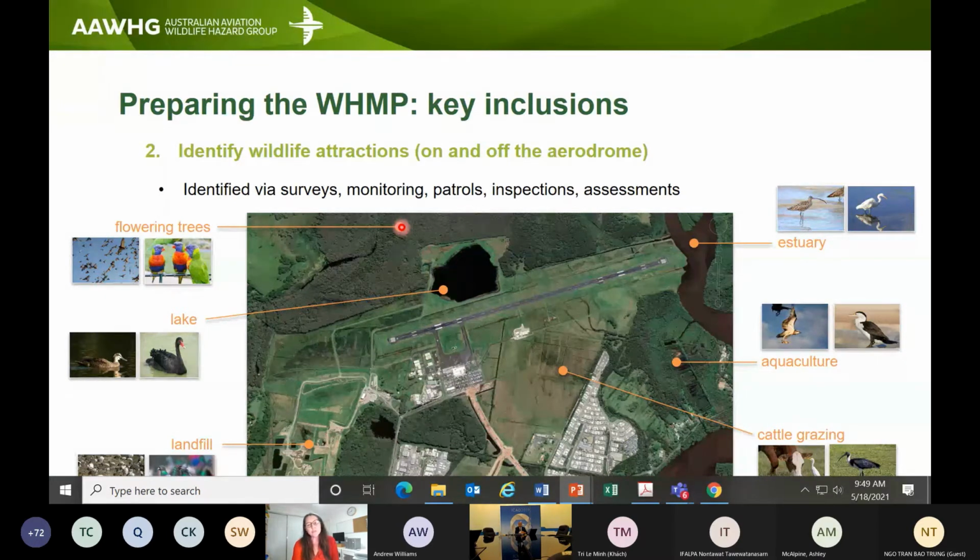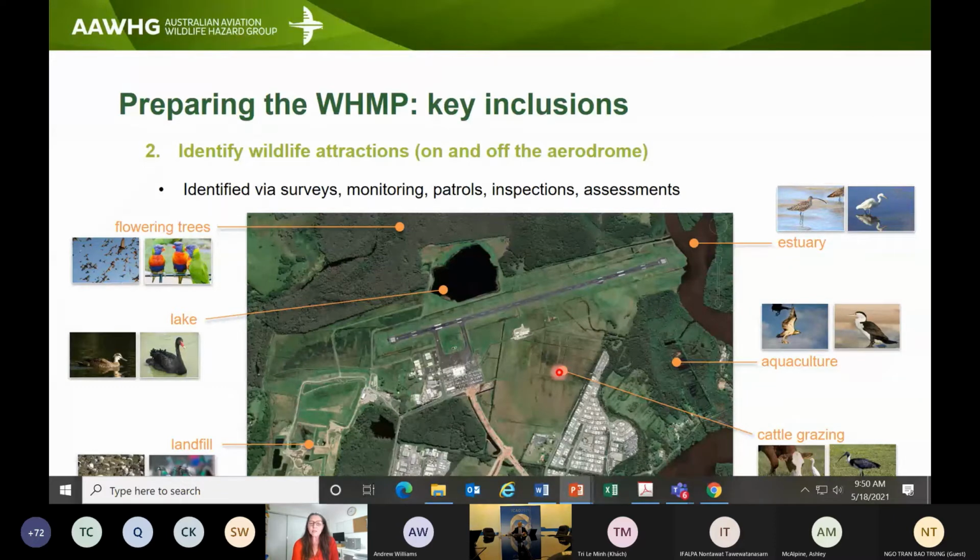And then over to the east of the airfield, there is a tidal estuary, which, depending on the tidal regime at the time, high or low tide, does provide habitat for a range of migratory birds and shorebirds and flocking birds. Below that, there is an aquaculture farm, which is particularly attractive to raptors and other fish-eating birds. And then there is a large field next to the airfield that has cattle grazed there, which in itself is a particularly attractive land use.